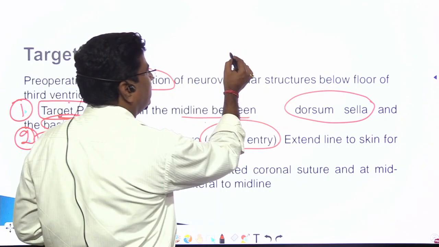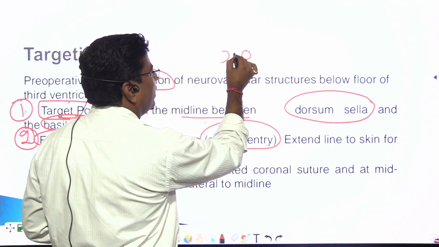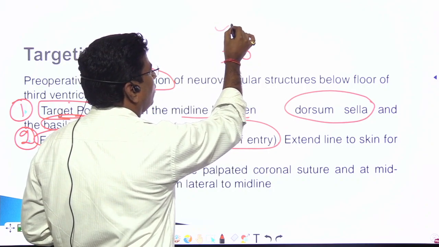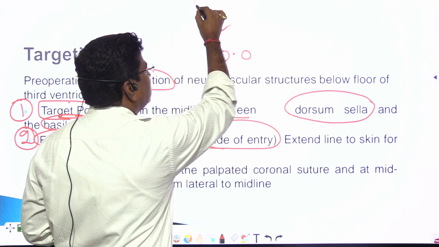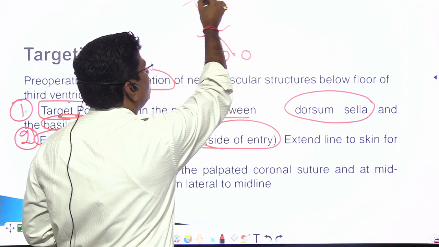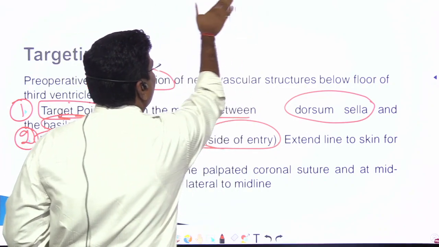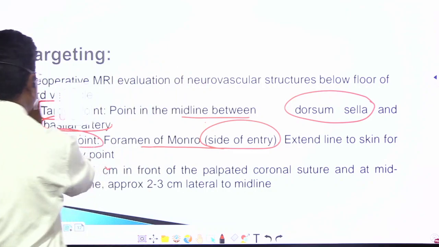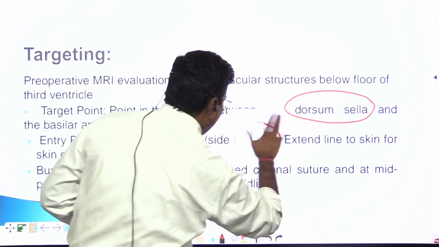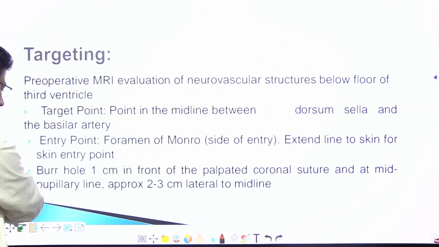Here this is the clivus, this is the basilar artery, this is the target point, and this is the foramen of Monro. You extend the line through the skin from the target point to the foramen of Monro, so your skin entry point lies on the extension of the line between the target and the foramen of Monro.